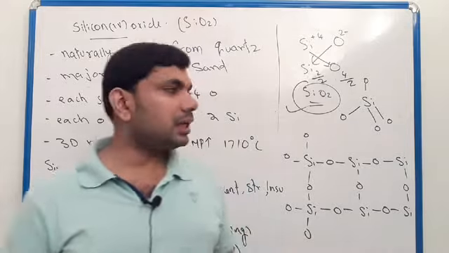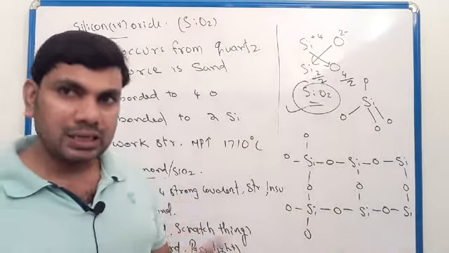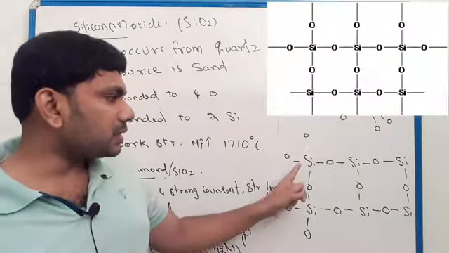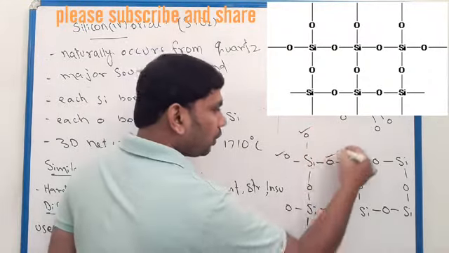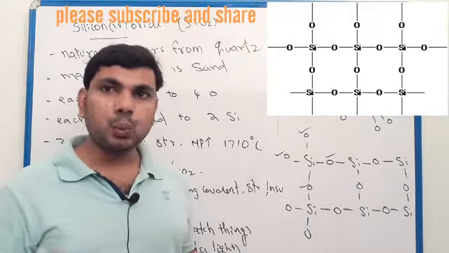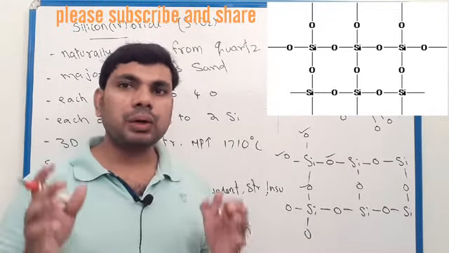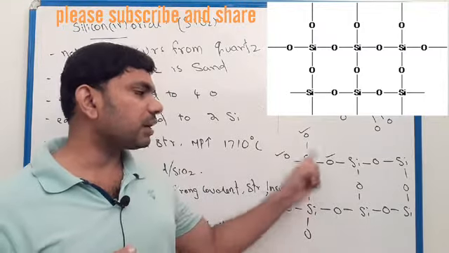This is the structure of silicon oxide. In silicon oxide, one silicon atom makes 4 strong covalent bonds with 4 different adjacent oxygen atoms. Similarly, one oxygen atom makes 2 strong covalent bonds with adjacent silicon atoms. See here, one oxygen bonds with 2 silicon. One silicon is bonded with 4 different oxygen.